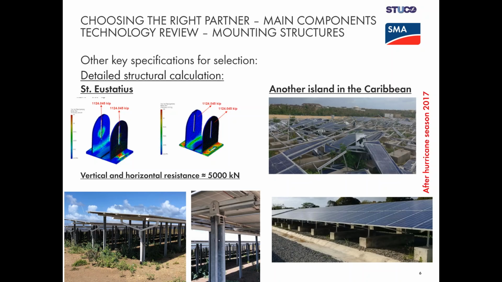To the right, you see the devastation on one of the Caribbean islands of the solar park that was not sufficiently strong to withstand the winds. And the bottom right shows the angle of 15 degrees versus the angle of 5 degrees that was installed on St. Eustatius.